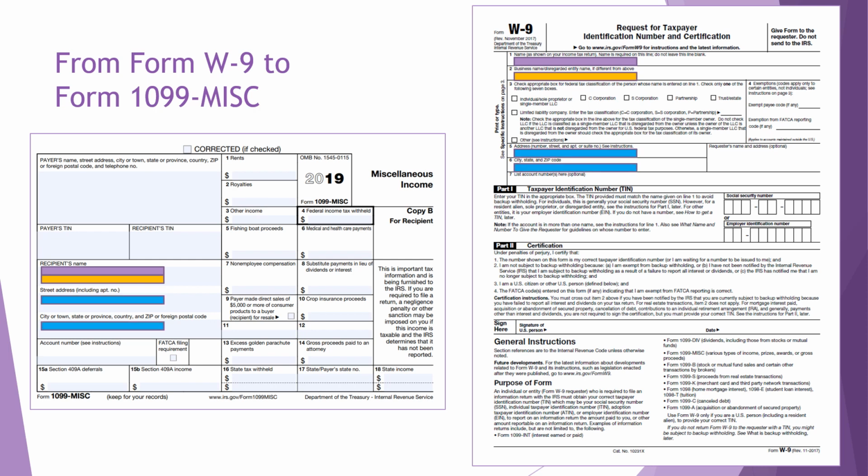Lines 5 and 6, their address, that way you know where to mail their copy of the 1099. And then depending upon if they're an individual or a company, you'll put their social security number or their employer identification number, which should be filled out on the Form W-9 as well. And then we go over this in the Form W-9 presentation, but you always want to make sure that they complete Part 2 certification. That way you have their signature on saying that all of that information above is correct.